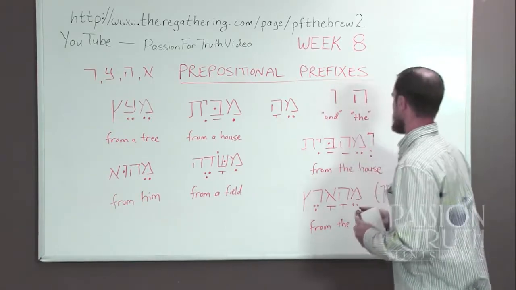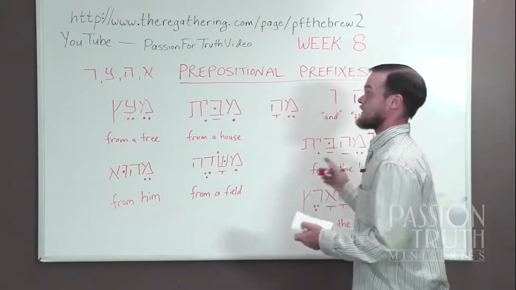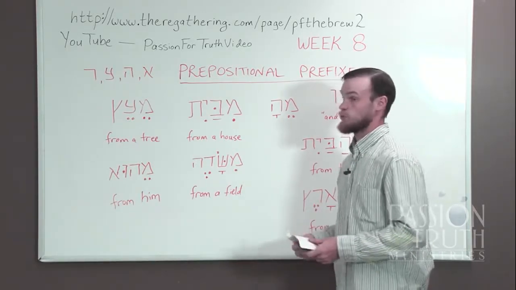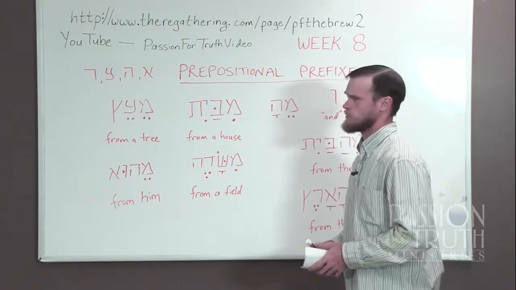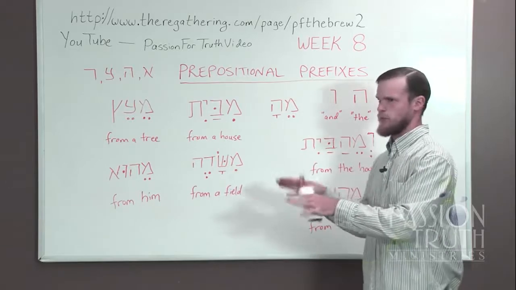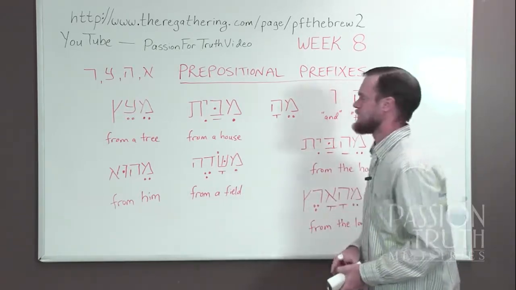When you see a vav at the beginning of a word, that's exactly why the rules are important. And knowing the roots is important too, especially when you get into verbs. In nouns, they'll pretty much stay together. If you can pick out the noun inside the word, you go, okay, I know what this is talking about.